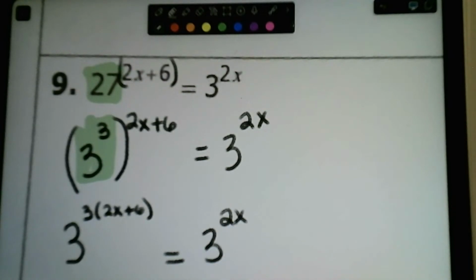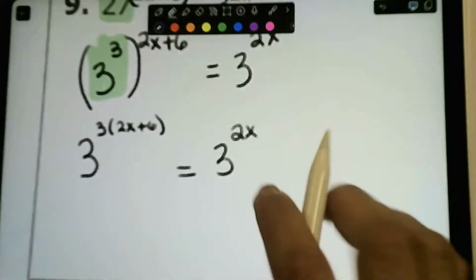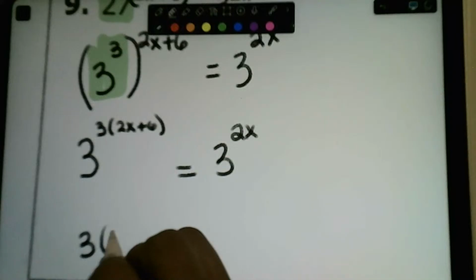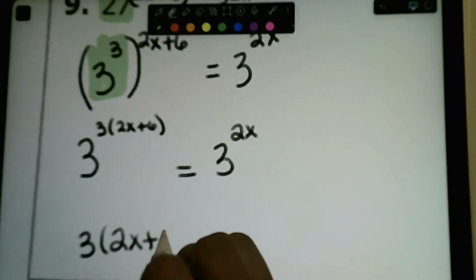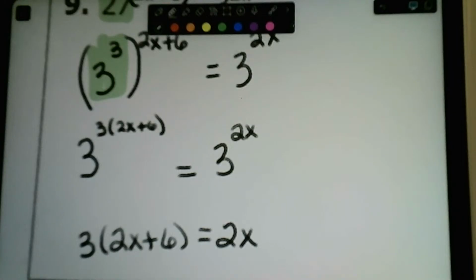Are the bases the same? Yes. And so now I can essentially throw them away, and this becomes the equation that I am solving. And once again, we're back to a happy, fun Algebra 1 type equation that hopefully by now everyone feels really comfortable solving. If you don't, it's fine.